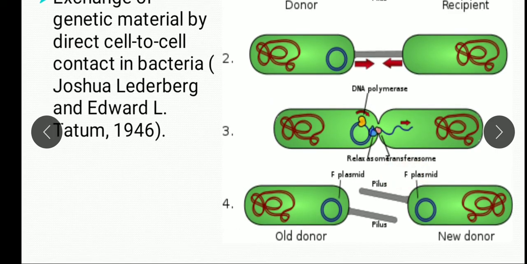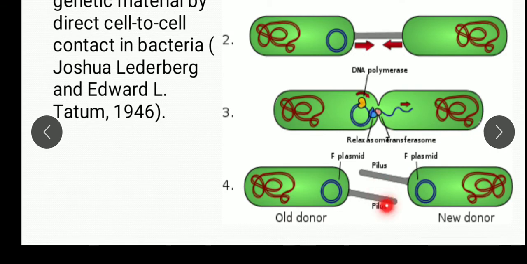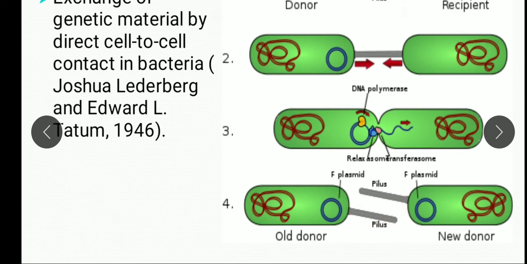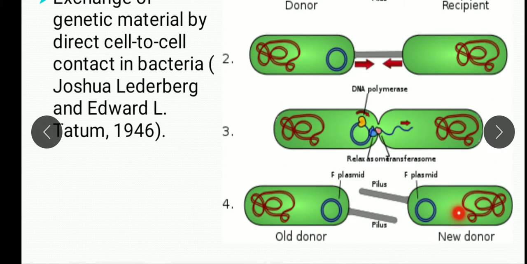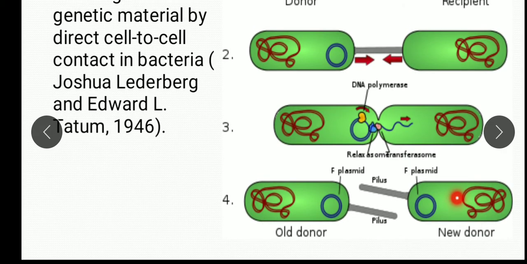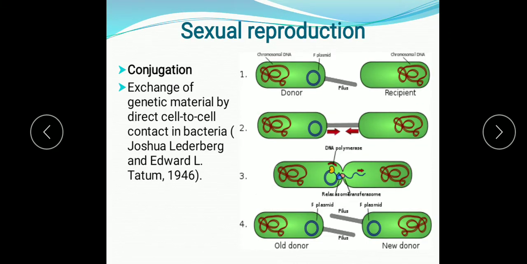So this bridge formation takes place with the help of the pili. The sex pili I explained to you already, that helps in the sexual reproduction, through which both the bacteria come in contact, and then form the cytoplasmic bridge. So you can see here that the old donor has already its F plasmid, but one of its part is transferred into the recipient cell, and now this is also the F positive bacterium. Understood? So this is the process of conjugation.